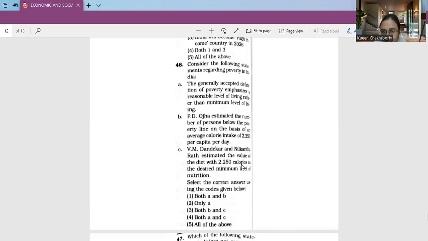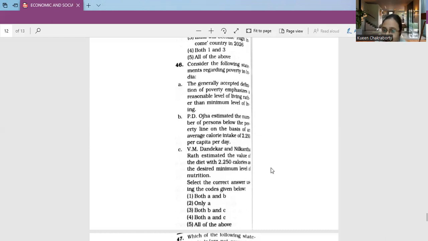B, P.D. Ojha estimates the number of persons below the poverty line on the basis of an average calorie intake of 2250 per capita per day. And C, V.M. Dandekar and Nilkantha Rath estimated the value of the diet with 2250 calories as the desired minimum level of nutrition.